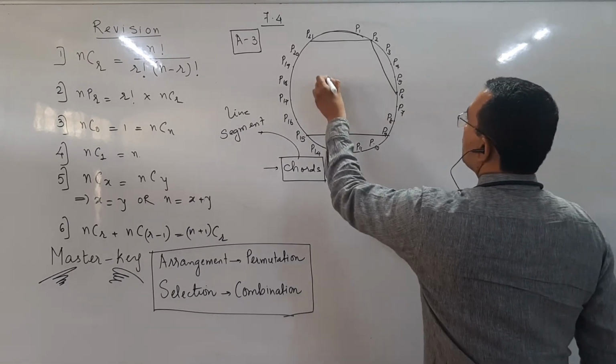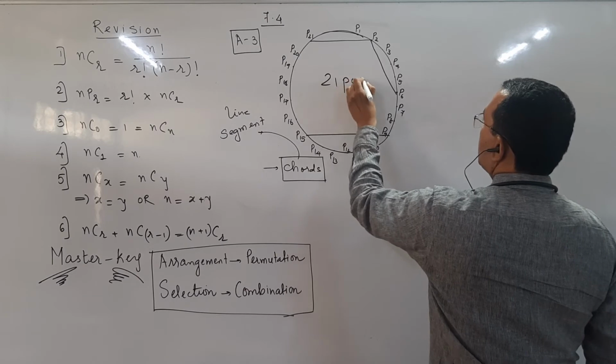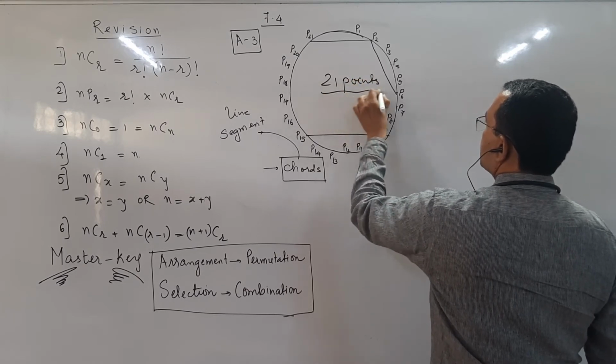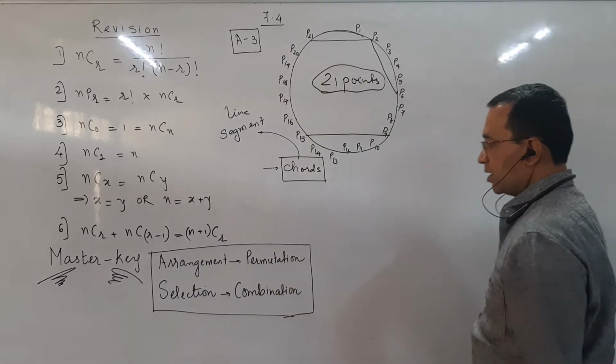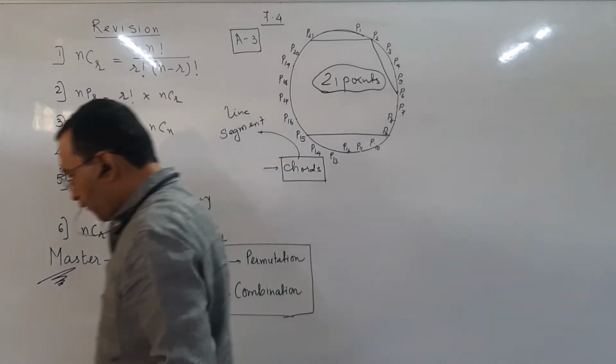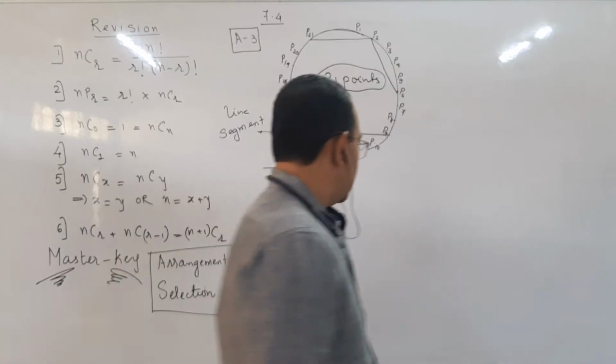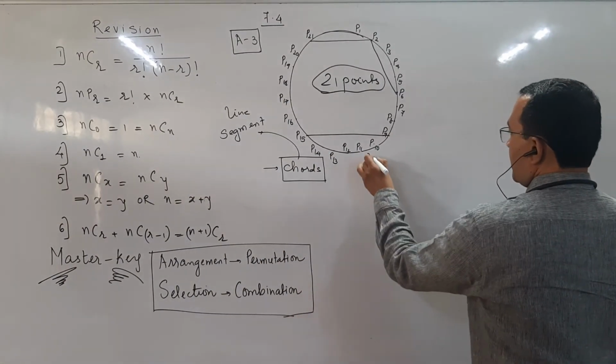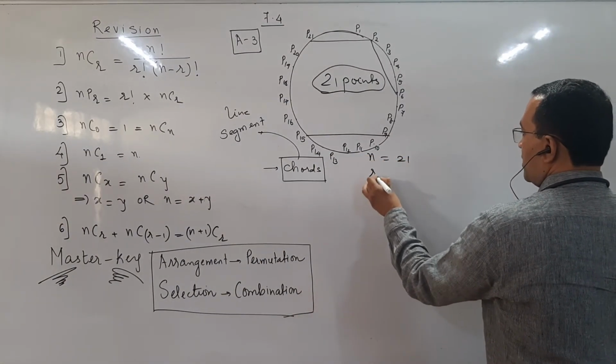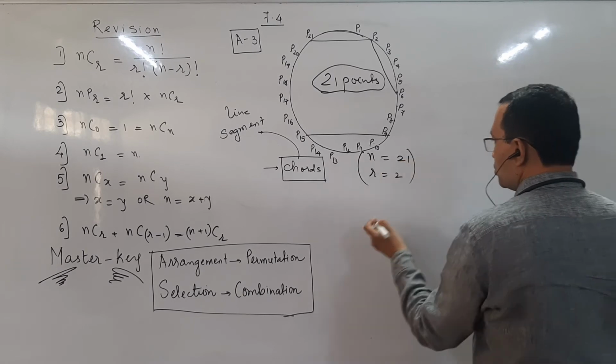Now total we are given 21 points. This is given. Now for a chord we need 2 points. So directly given is n is equal to 21. We have to select r is equal to 2.